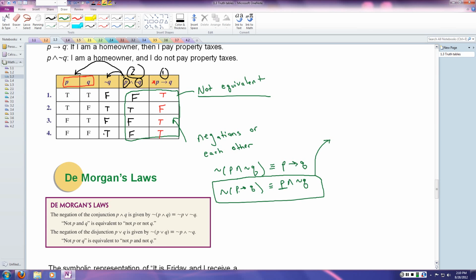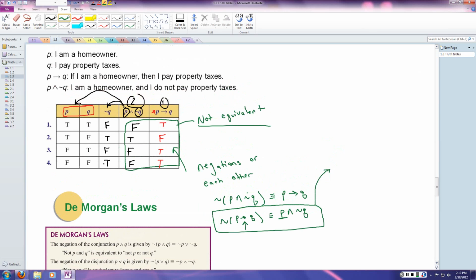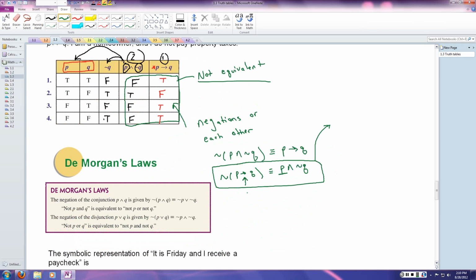The negation of the conditional P implies Q is equivalent to a conjunction of P and not Q. When you negate the conditional, I switch it to an and and I negate the conclusion of the conditional.